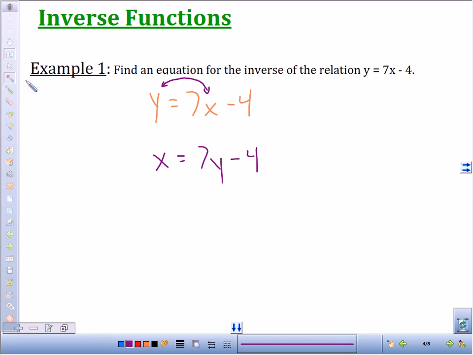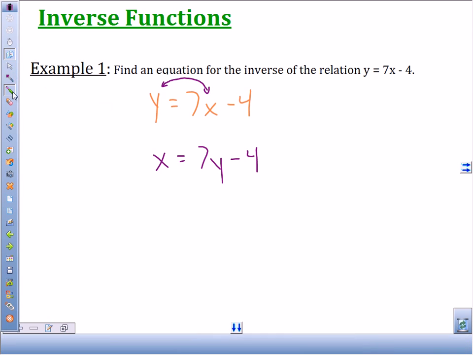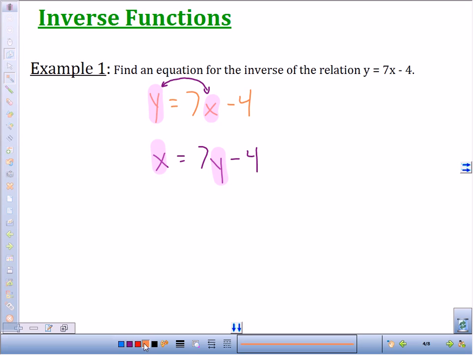So you can see what happened. My y's and x's switched places. That's all that happened. Now that I've done that, I want to solve for y. That's my next step. So I want to switch x and y. Then I want to solve for y.